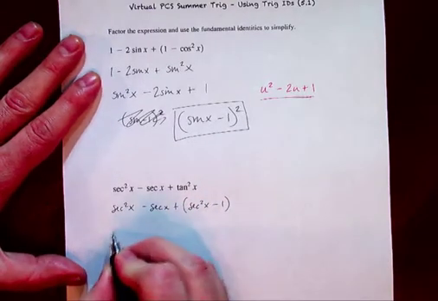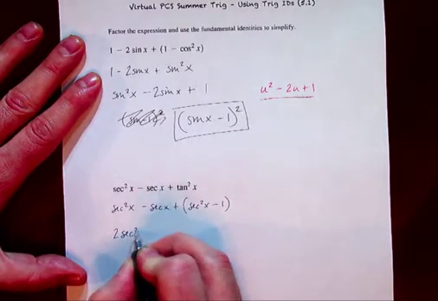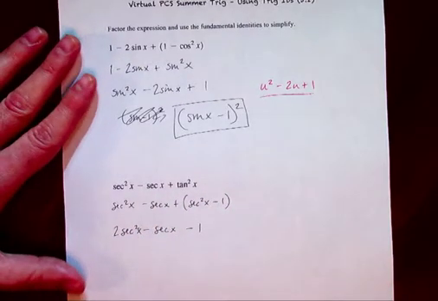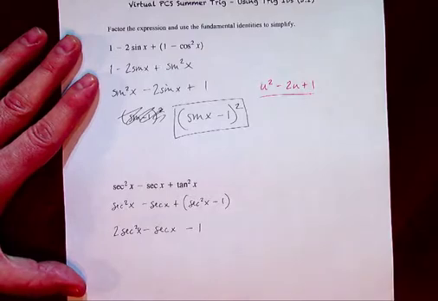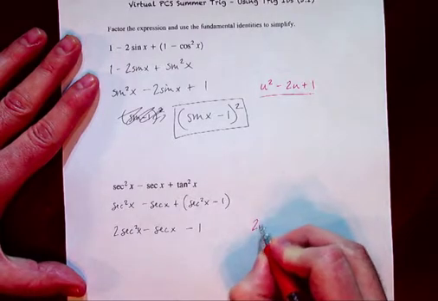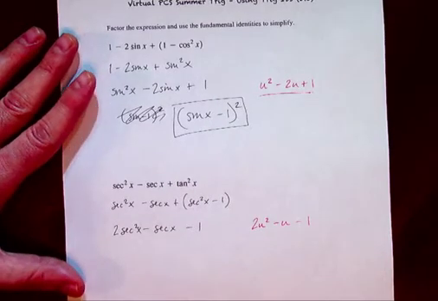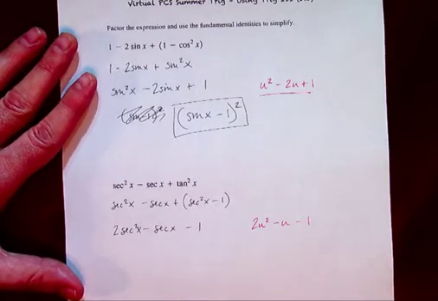And when I need to reorder this in order to factor, I'm going to get that. Now, that, of course, is of the form 2u squared minus u minus 1. Now, does that factor? Indeed it does.